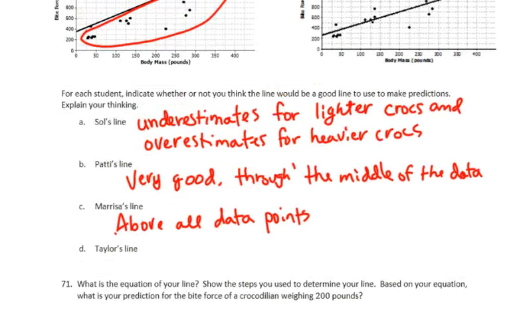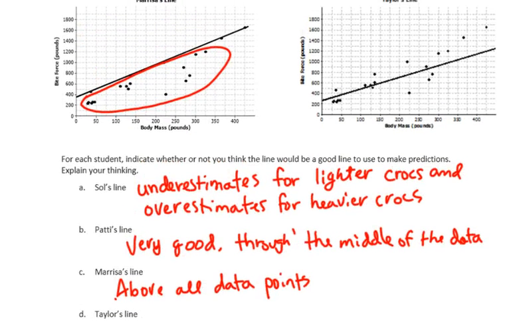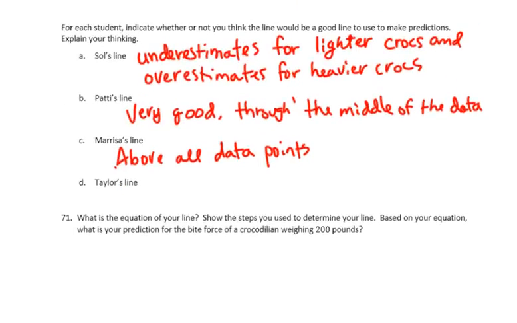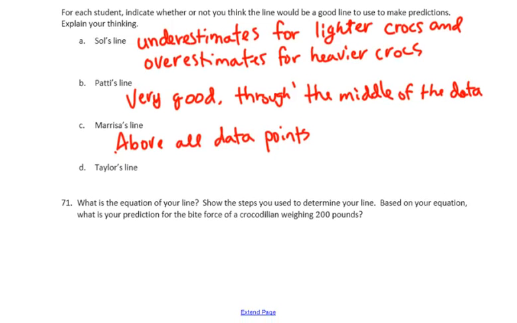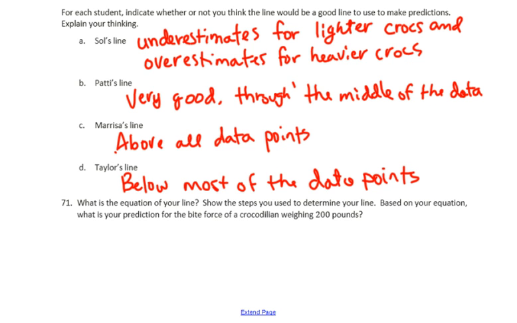And if you notice Taylor's line, they did the opposite. Most of the points are above the line, so she did the reverse of Marissa. So her line is below most of the data points. So out of the four, Patty's is probably the best. That's kind of what you want to do when you make your line.